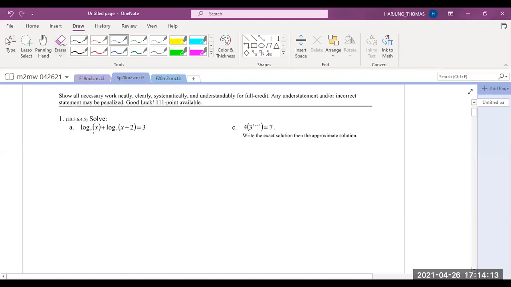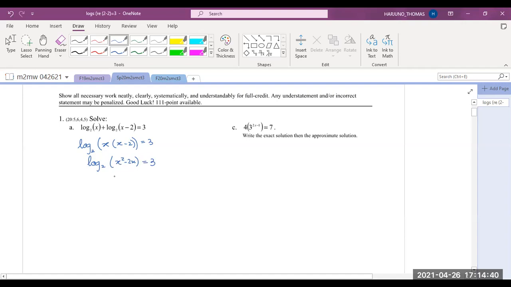So part A, log of sum of log equals to log of product. So this is log base 2 of x times x minus 2 equals to 3, so log base 2 of x squared minus 2x equals to 3. Now, what do you do from here?